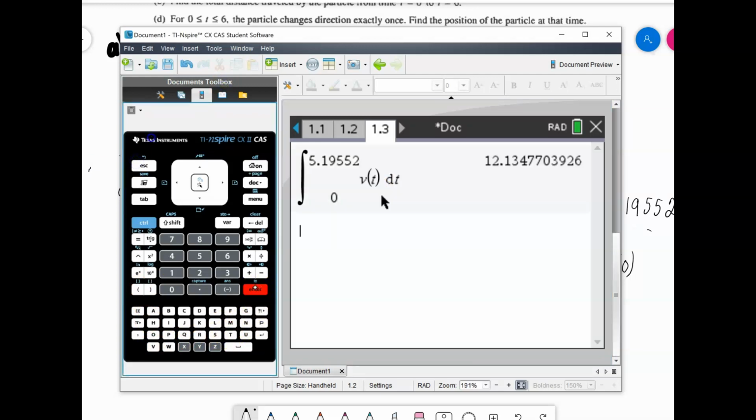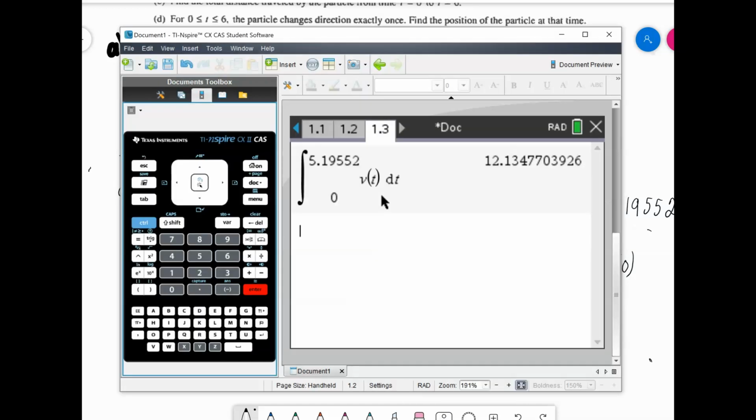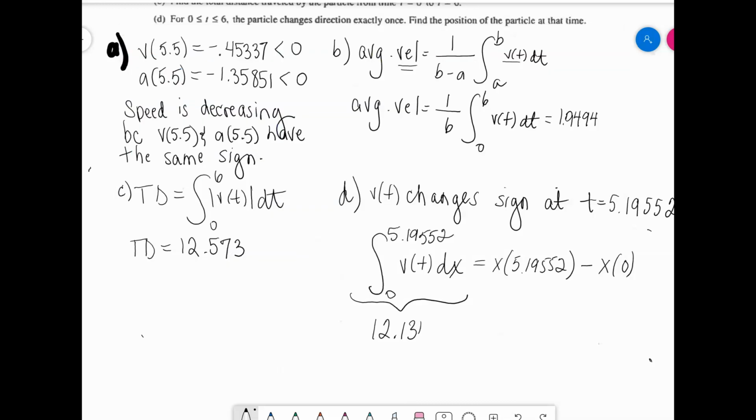So actually we already had, oh no we didn't. I thought we did. It was the absolute value that we had. So this is 12.13. I'm going to get some more decimals. 477 is equal to, we don't know the position at this time where it changed direction, but we do know the position at 0 was 2.